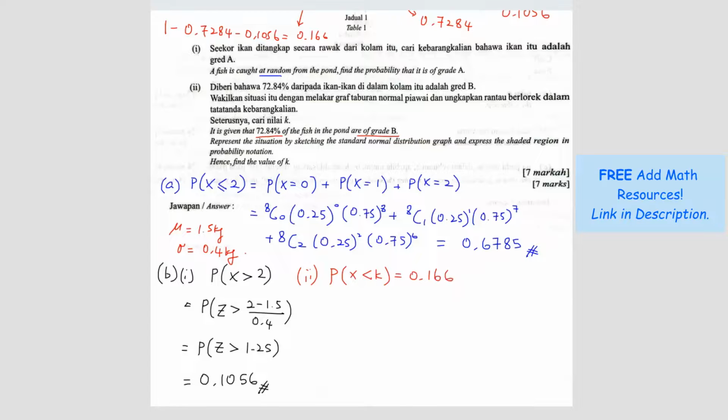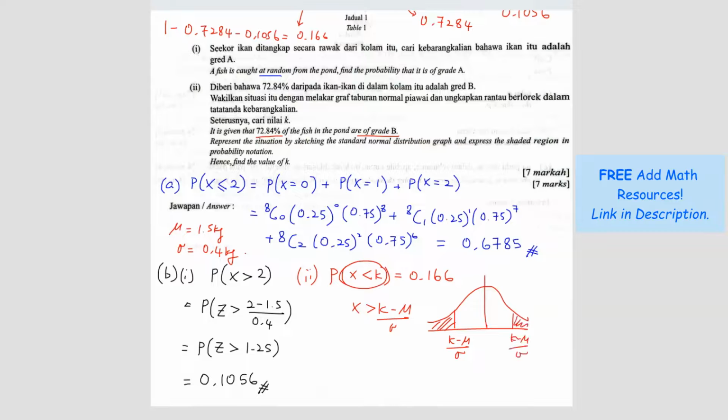If you are using the table, you have to convert it to x more than k, because when you convert it to standard normal distribution, k minus mean over standard deviation is going to be on this side, of course less than.